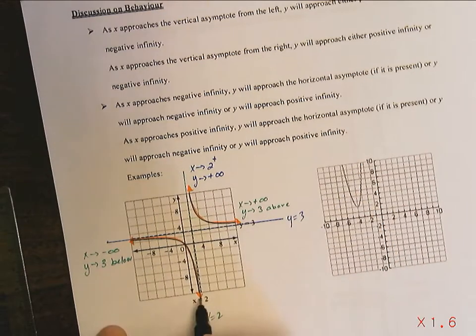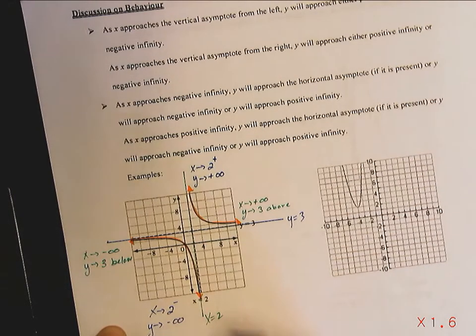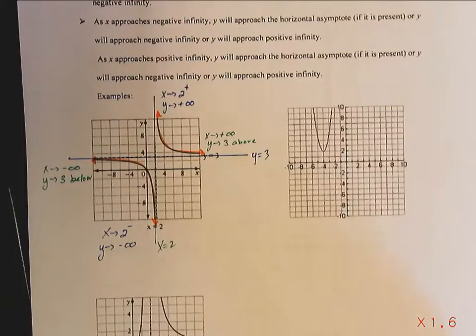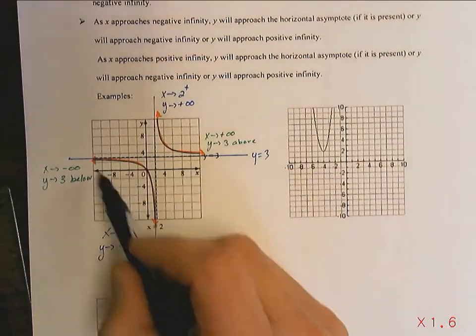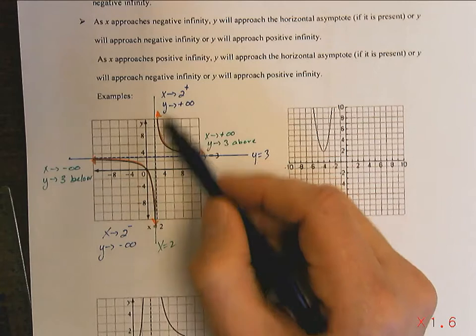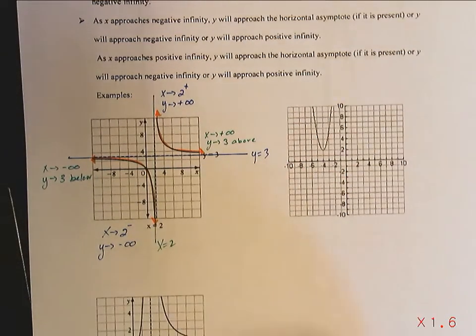And as I go this way, x is approaching 2 from the left, so values that are less than 2, y is approaching negative infinity. And that's how we would talk about that. So this is called behavior for the horizontal asymptotes, and this is the behavior for the vertical asymptotes.